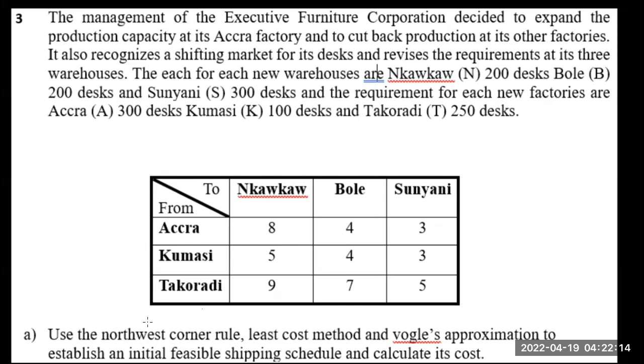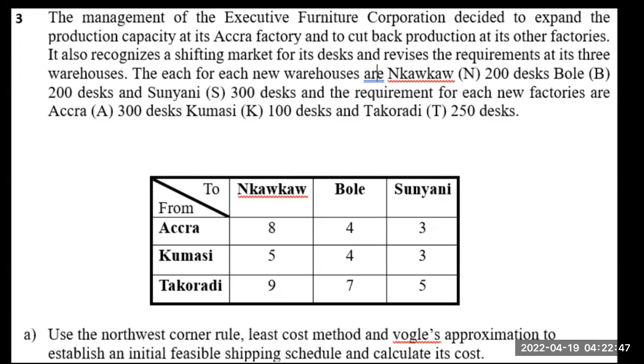We're expected to use the northwest corner rule, the least cost method, and Vogel's approximation to establish an initial feasible shipping schedule and calculate its costs. This is a straightforward question. Let's begin with this one before we look at question 4. This is a transportation problem.